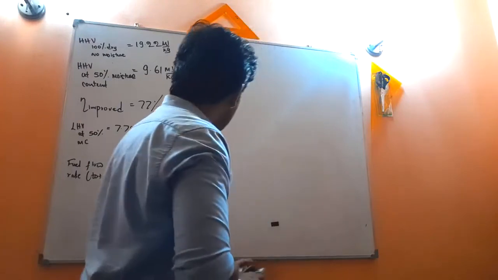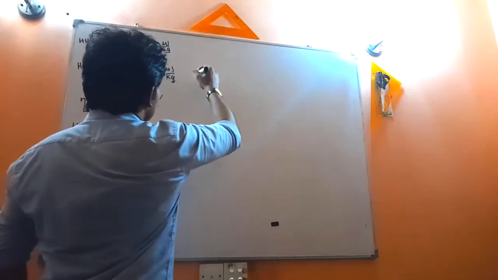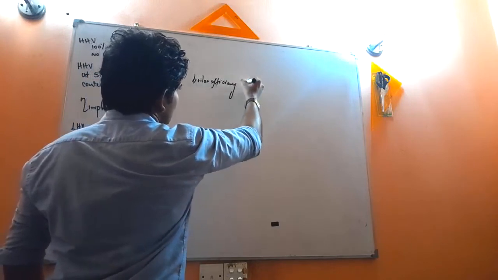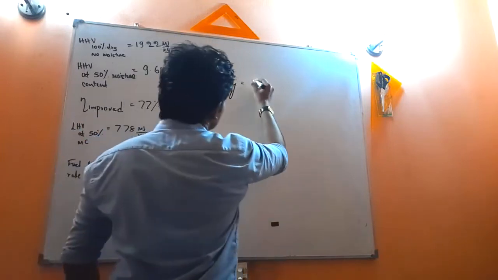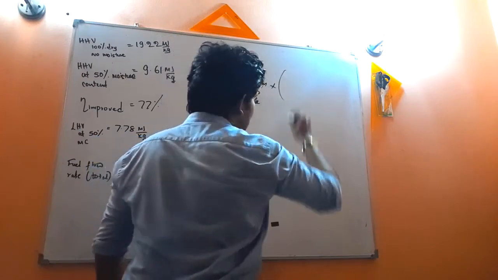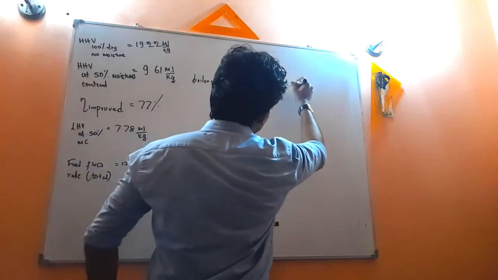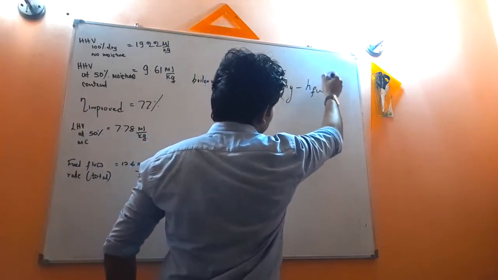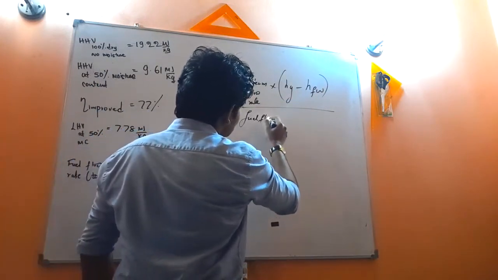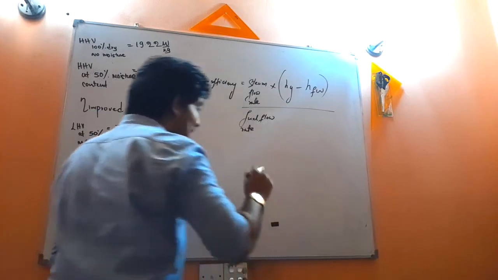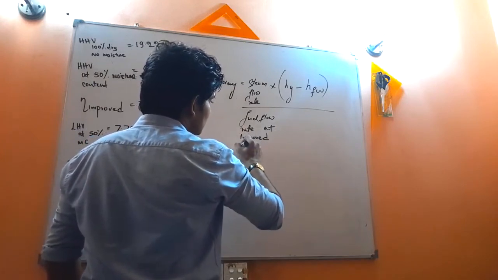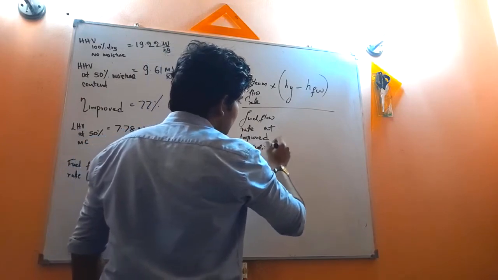So as you know, boiler efficiency equals steam flow rate multiplied by the enthalpy difference of steam and feed water, divided by the fuel flow rate at improved fuel quality, right? So what is the improved fuel quality?